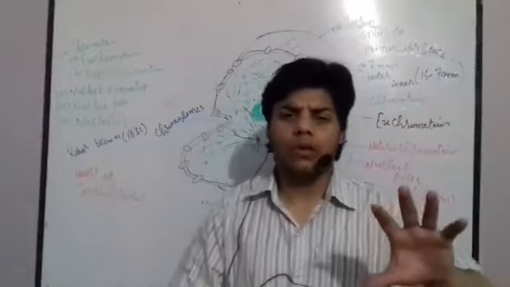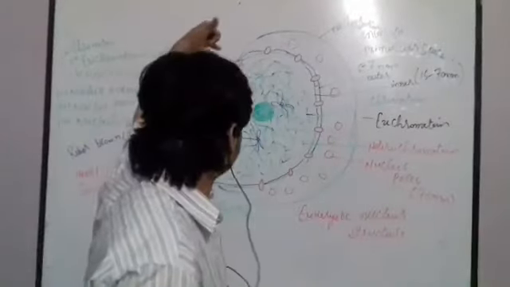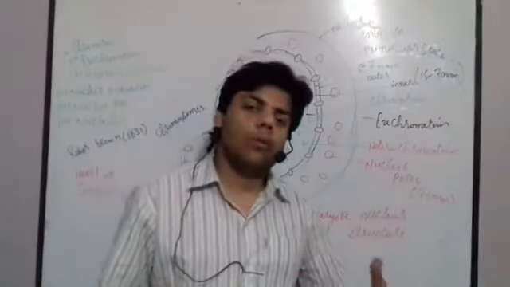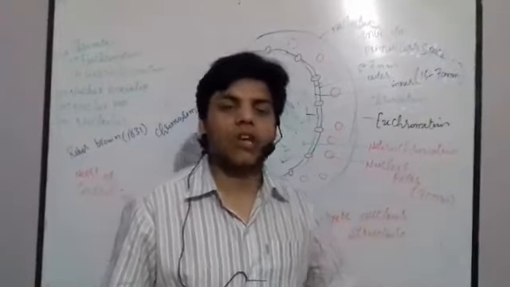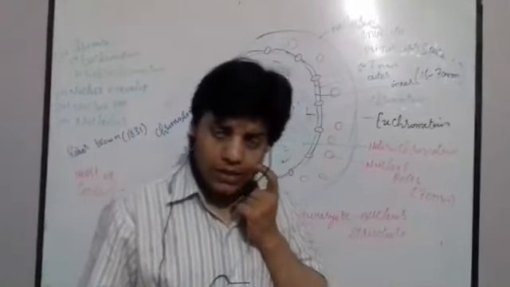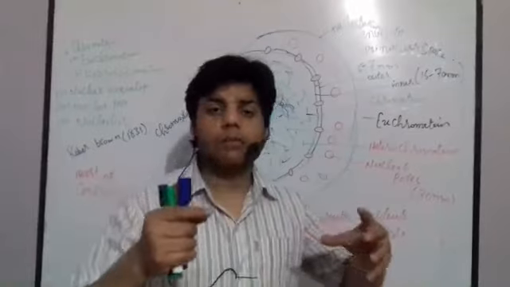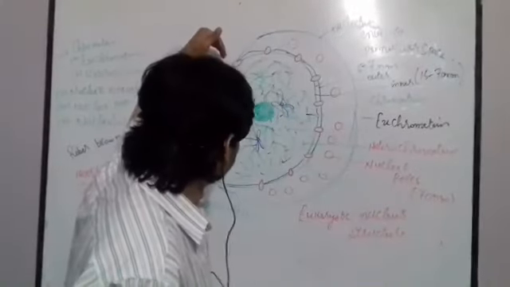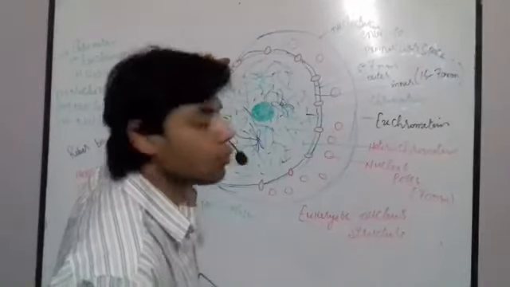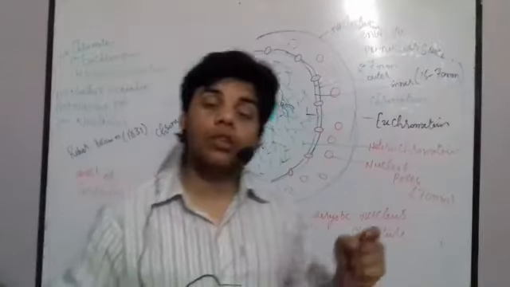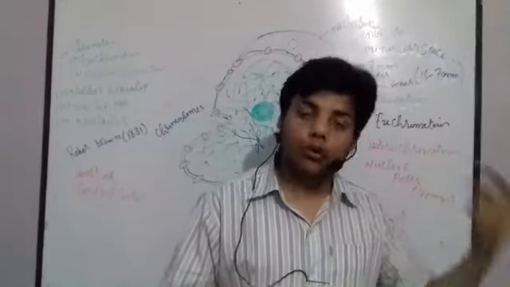Sometimes material is also internalized into the nucleus. If you remember, in HIV the genetic material gets internalized through these nuclear pores and is connected with the genetic material of the eukaryotic cell.